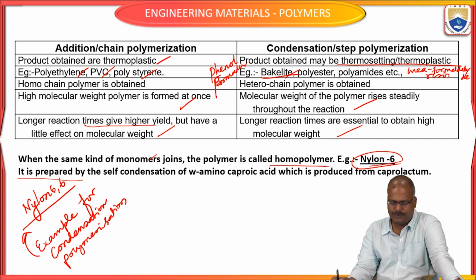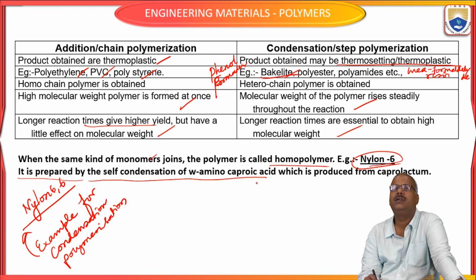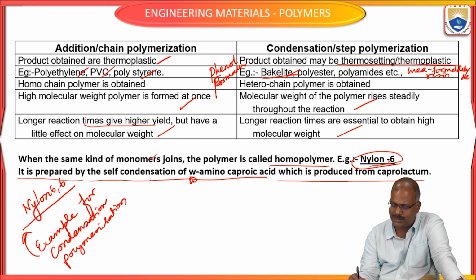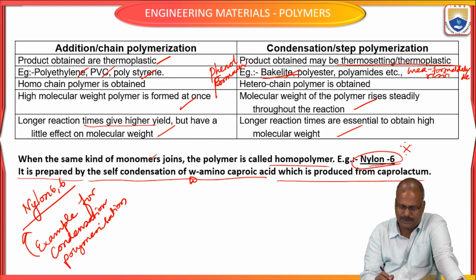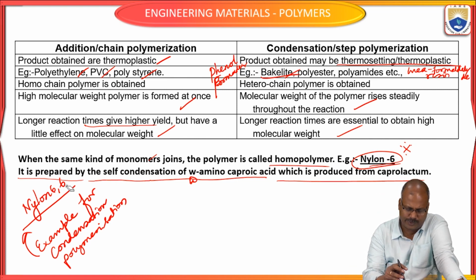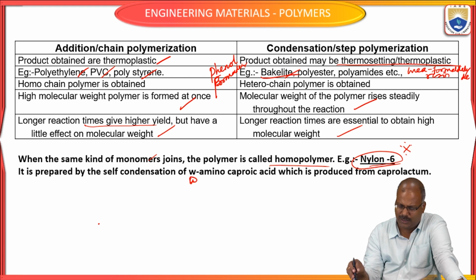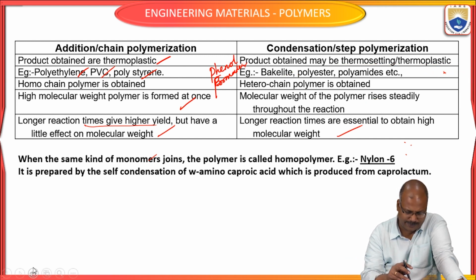Now, nylon 6 is prepared by the self-condensation of omega amino caproic acid, which is produced from caprolactam. Nylon 6 is also an important polymer, so we will see how it is done. There are other types of nylon, like nylon 6,10, available. Now we will see how nylon 6 is prepared.